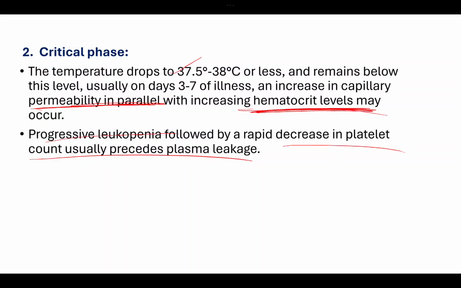It is often preceded by warning signs of abdominal pain, which can also present as abdominal tenderness. There will be persistent vomiting, clinical fluid accumulation, mucosal bleeding, lethargy, restlessness, liver enlargement more than 2 centimeters, and oliguria.